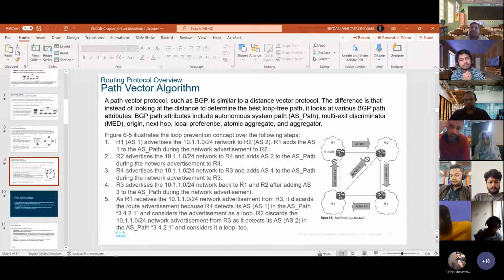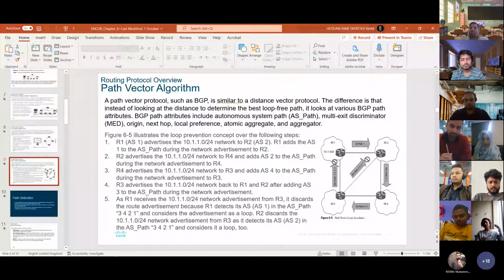Attributes in the context of BGP are things like AS path. AS path is one field inside all BGP update messages, and it gets populated as you send the BGP update further and further.